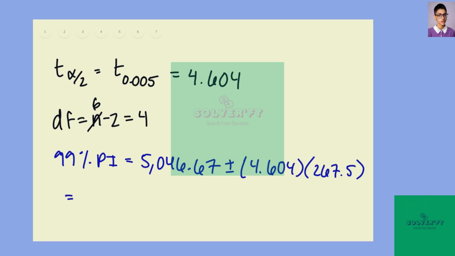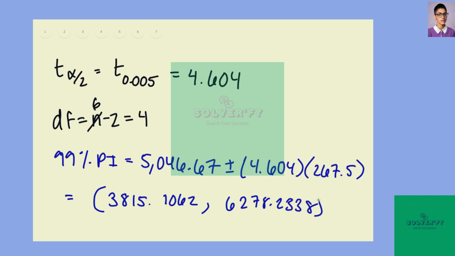Then we get an interval of 3,815.1062 to 6,278.2338. So this is our 99% prediction interval for the total cost for next month.